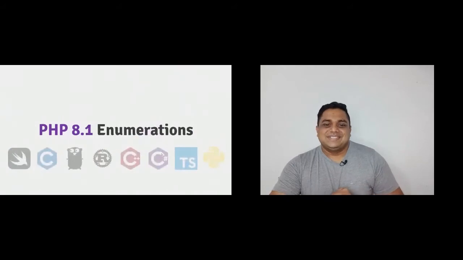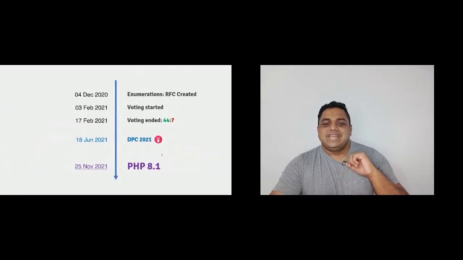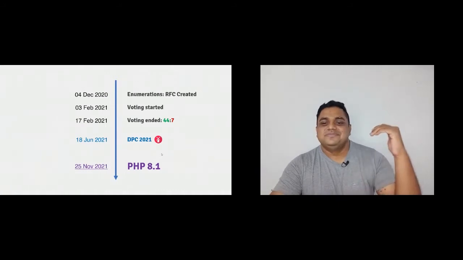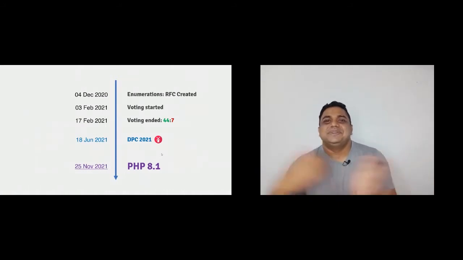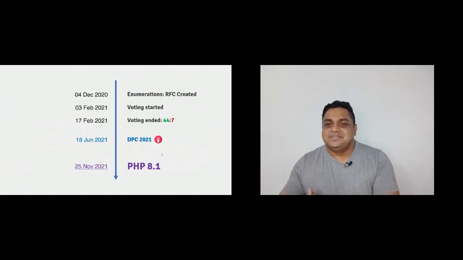But we are actually a little bit late to the game, because languages like Swift, TypeScript, and Python all have enumerations in one way or the other. But at the end of this year, we will have PHP 8.1. So we are still talking about this feature that will be released in the future.